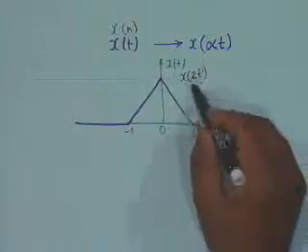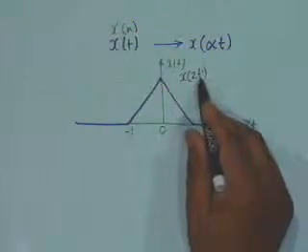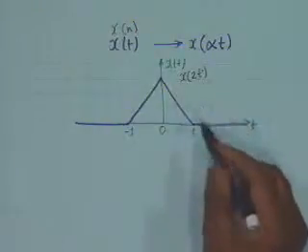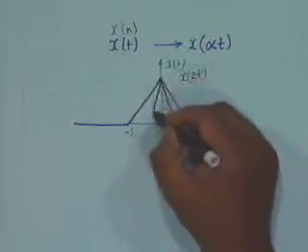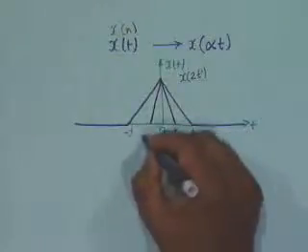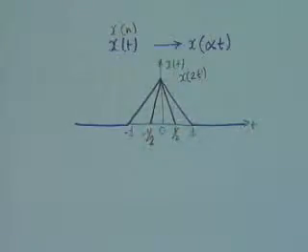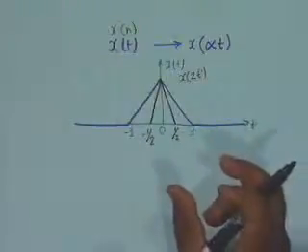Now x of 2t would be 0 when 2t is equal to plus 1 or minus 1, and therefore naturally the signal now shall look like this, where this value is half and this value is minus half. And as you see, x of 2t is a compressed version of x of t.